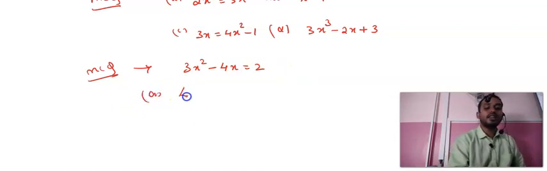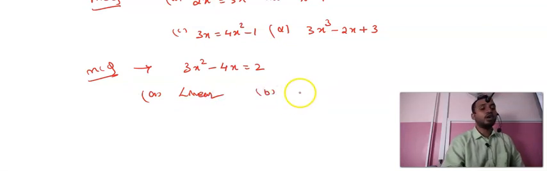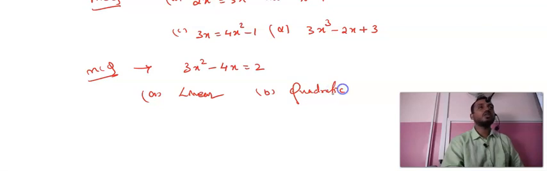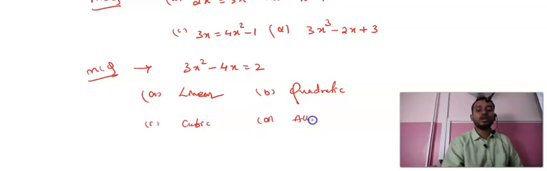Option A, linear equation. Option B, quadratic equation. Option C, cubic equation. Option D, all of the above.